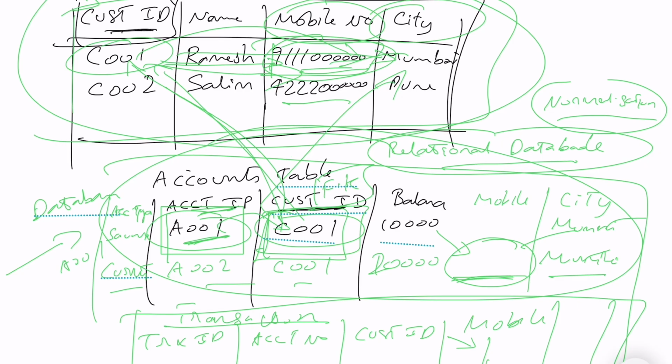So what we understood is that databases are not something very complex. Just imagine that it's like a table where you have columns and rows, and there are many databases in the market: Oracle, MS SQL, you have MongoDB, Cassandra, PostgreSQL.